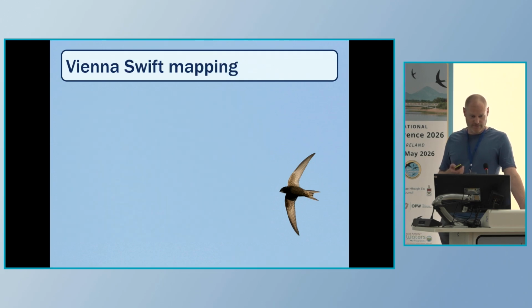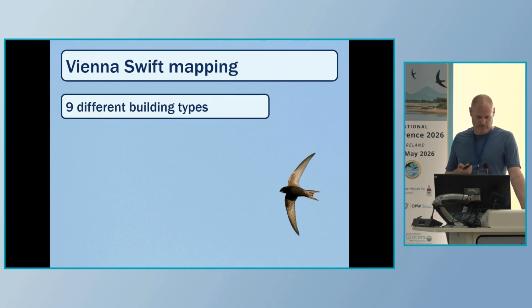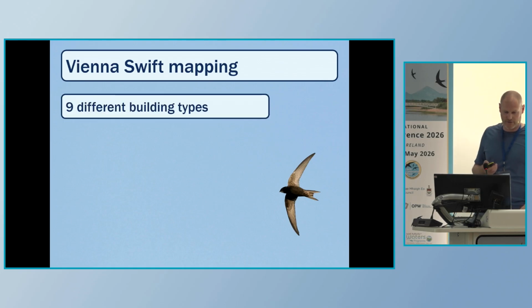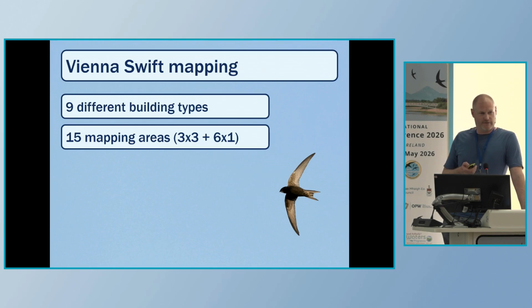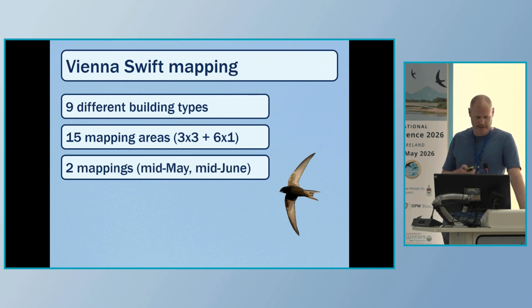What we are doing in Vienna, or planning to do: I have defined 9 different building types, and we have 15 mapping areas where we're counting flying individuals. For the most important building types, we have 3 areas, and for the other 6, we have only 1 area per building type.